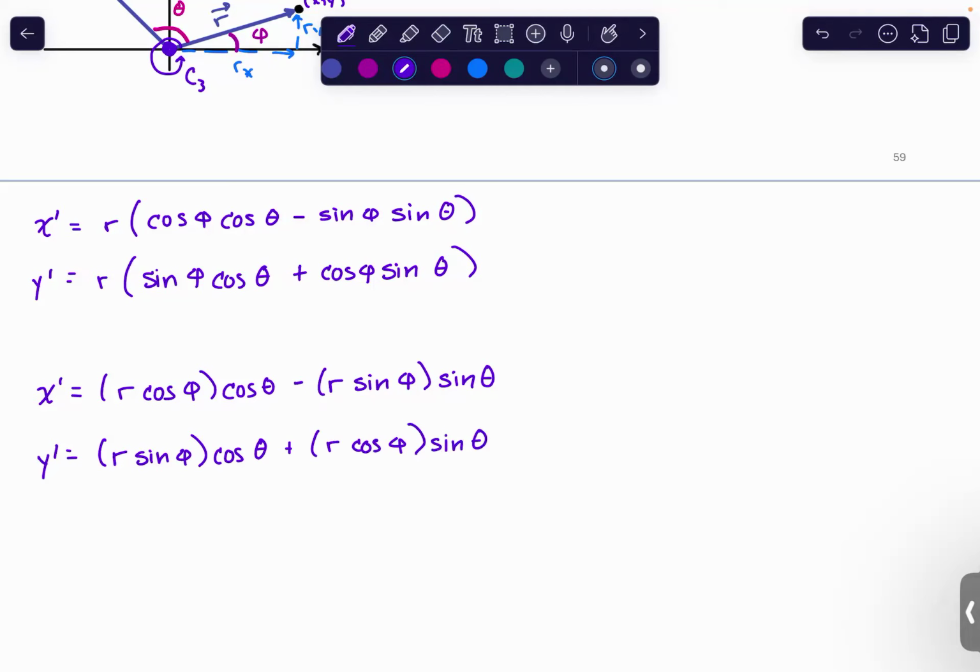Even though I put the brackets in there for grouping, does it make sense what I've done so far? I've multiplied in the R's, and I've just split the trig functions apart by simple grouping.